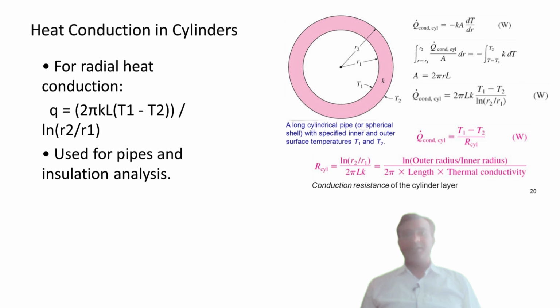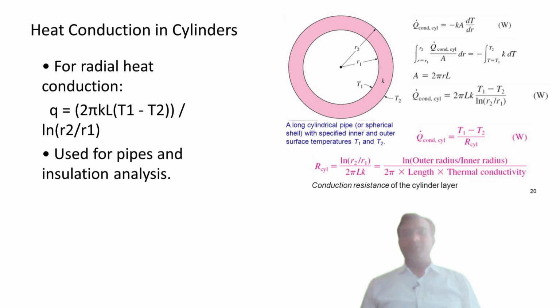For radial heat conduction in a long cylindrical pipe with inner temperature T1 and outer temperature T2, the heat transfer rate is Q equals 2 pi L k multiplied by T1 minus T2, divided by natural log of R2 divided by R1, where K is thermal conductivity, L is the pipe length, and R2 and R1 are the outer and inner radii.